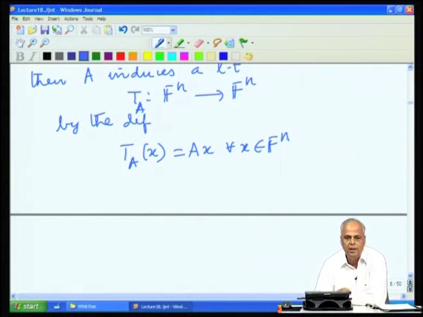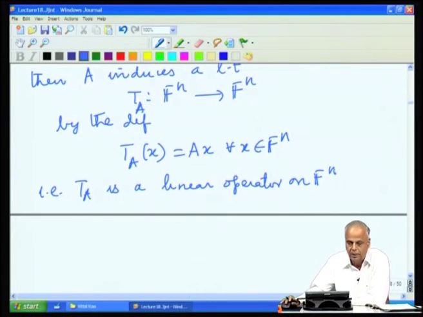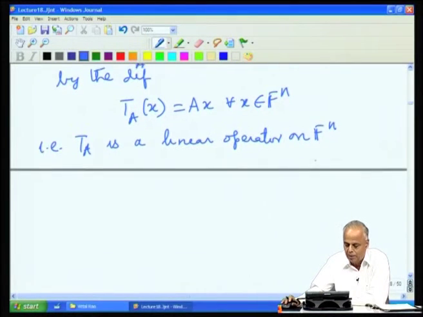Now, since this is a linear transformation from the vector space Fn to itself, it becomes a linear operator, that is TA is a linear operator on Fn. So, thus every n by n matrix induces a linear operator on Fn.